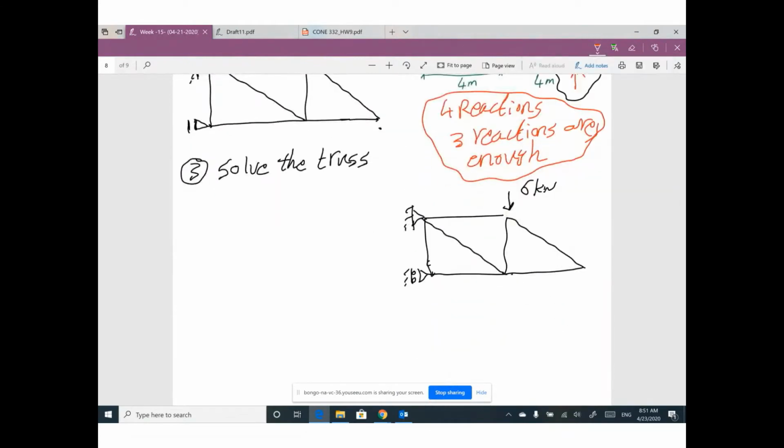Go ahead and solve this truss due to the given load. I think this joint has 2 members without any external forces. This member will be 0. If you make joint equilibrium at this one, because this one is 0, this one will be compression, -6, and this one will be 0. If you make joint equilibrium here, this one will be in tension. How much?